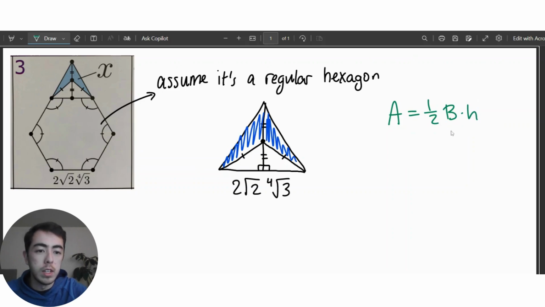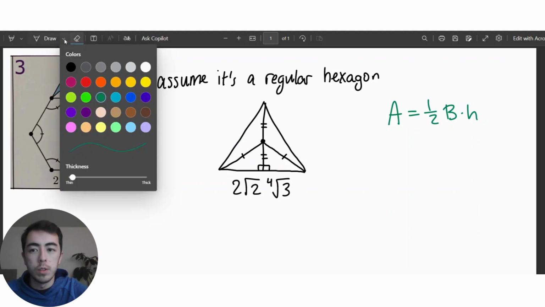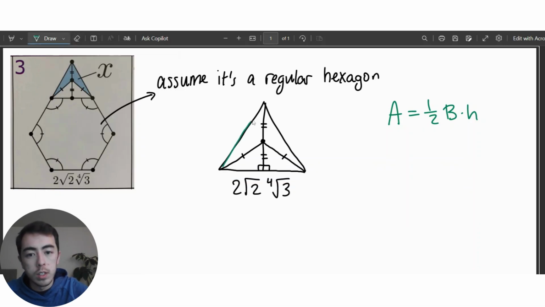And the key thing here is that the base and the height need to be perpendicular to each other, making a 90-degree angle. So if I pick out specific lengths, I could prove that the areas of those 3 mini triangles are all the same. Let's take a look at this one.